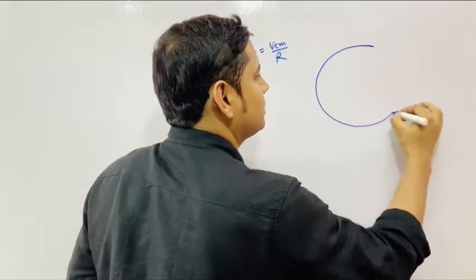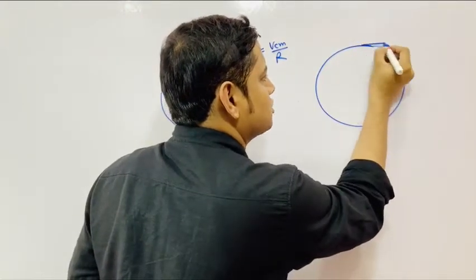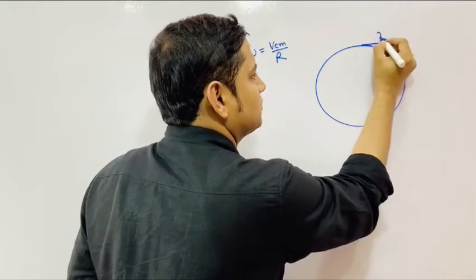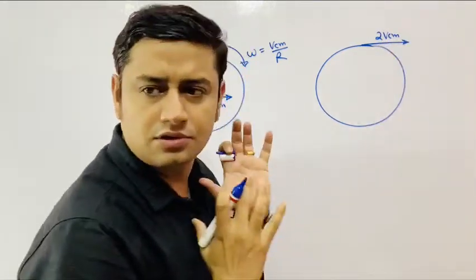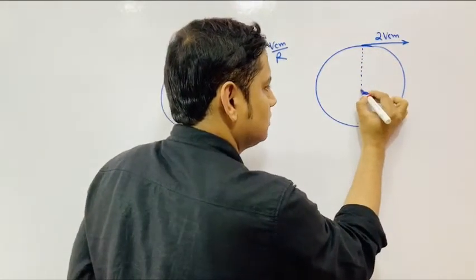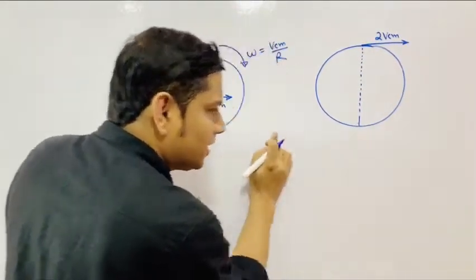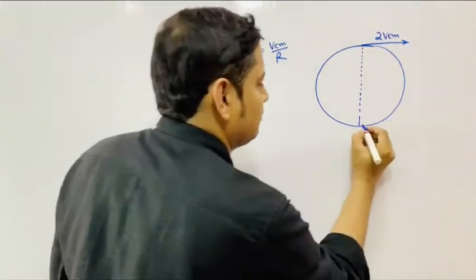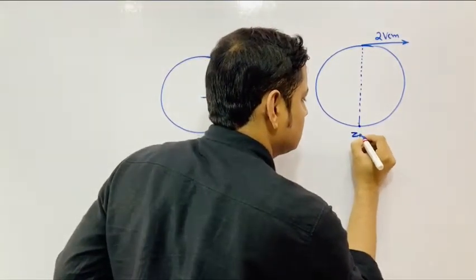This velocity becomes 2 VCM, that is VCM plus omega R. This velocity becomes 0: VCM forward, omega R backward, and omega R is equal to VCM, so this becomes 0.